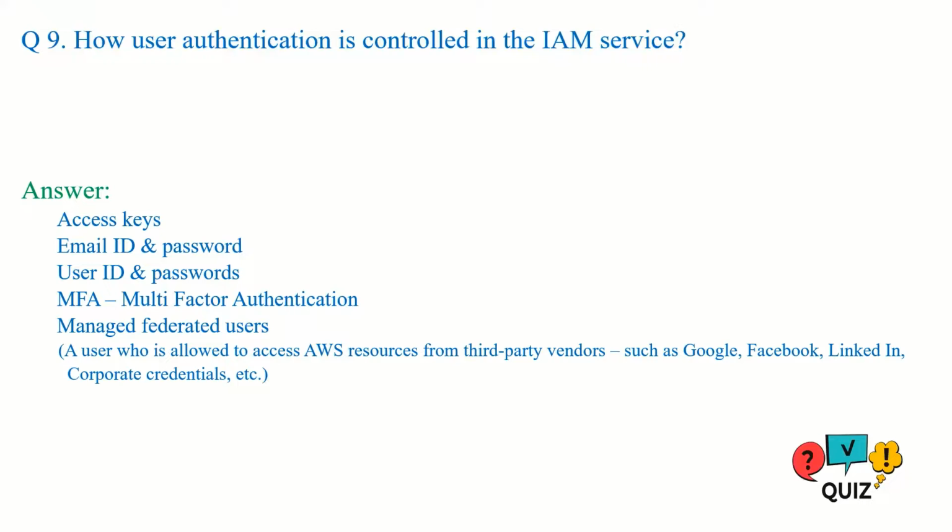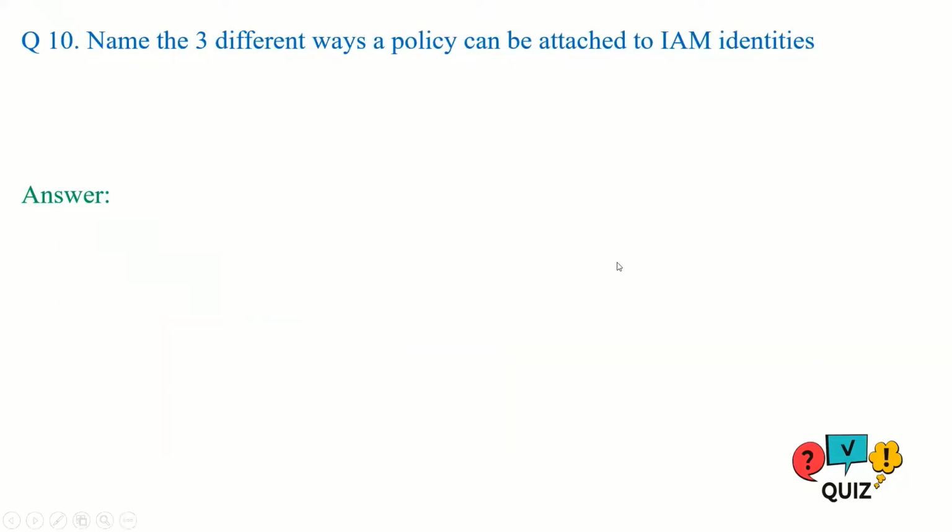You have created your AWS management account. You can allow employees of XYZ Private Limited company. Okay, so that feature is available. These are some of the authentication methods that are provided. All right, so far so good. Let's move on to the next one.